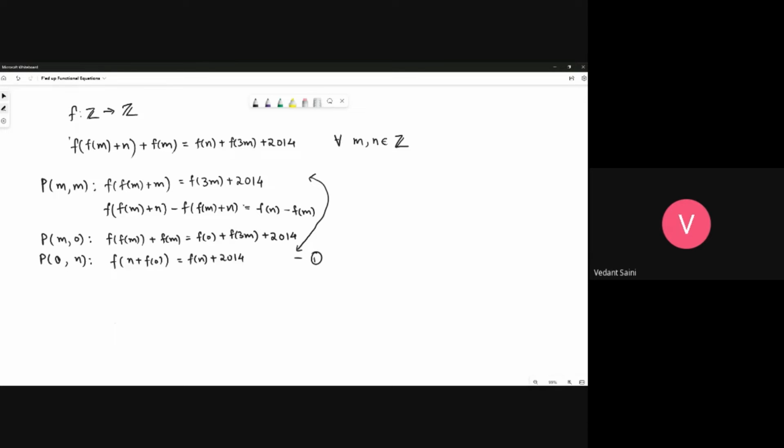Yeah, so probably I can write the first equation using the second equation and do something after that. Place this here, and then I'll write this term, the right hand side. This is 3n plus f of 0.